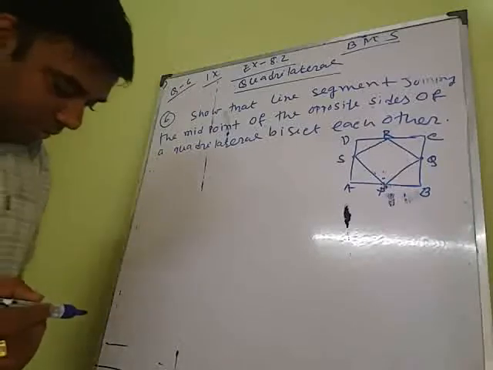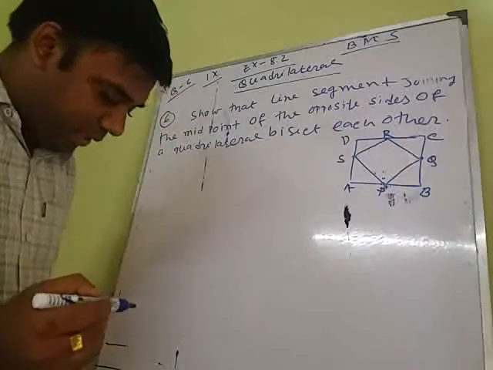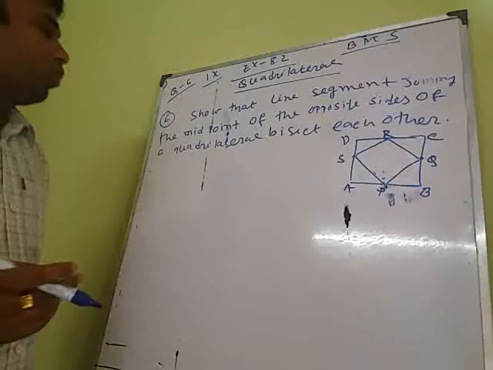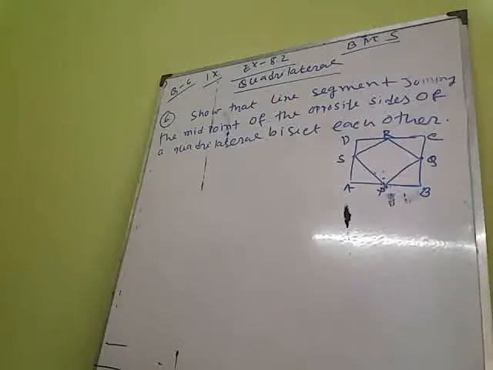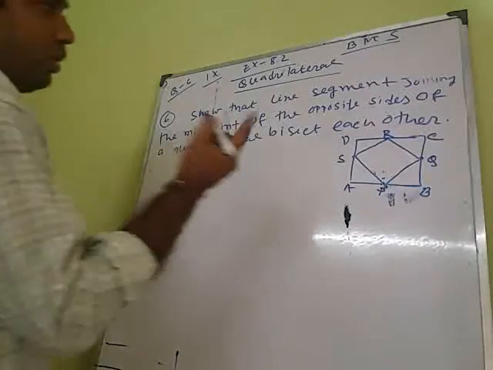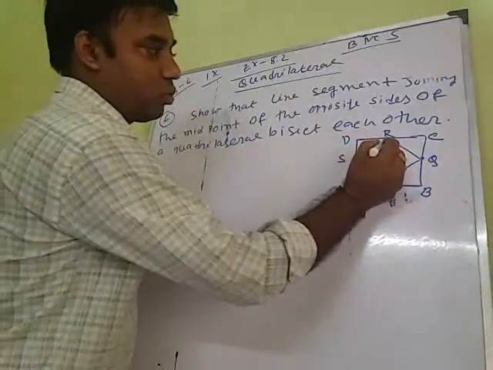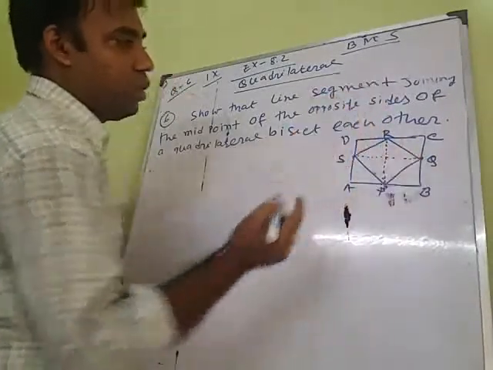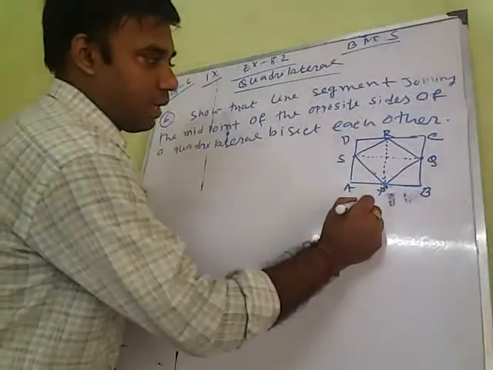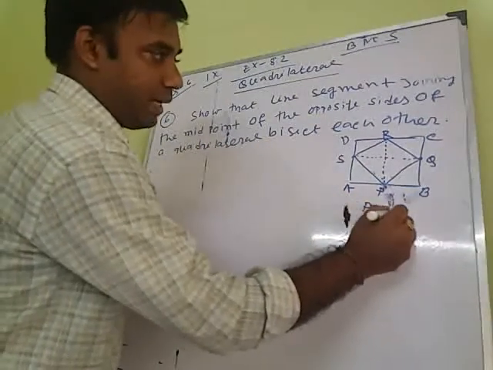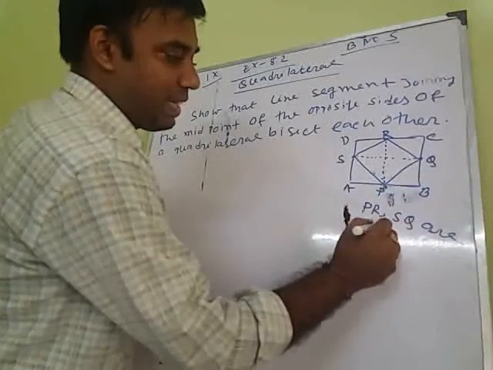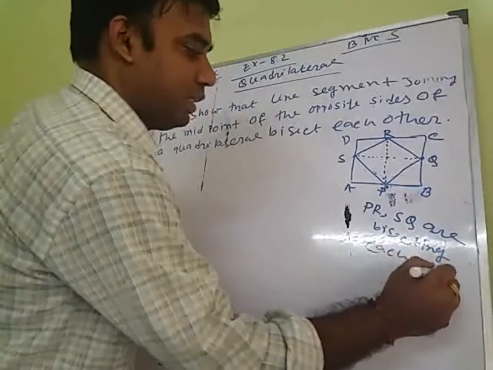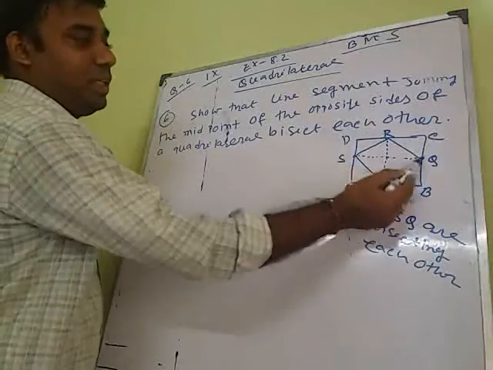So we have to prove that PR and SQ are bisecting each other.